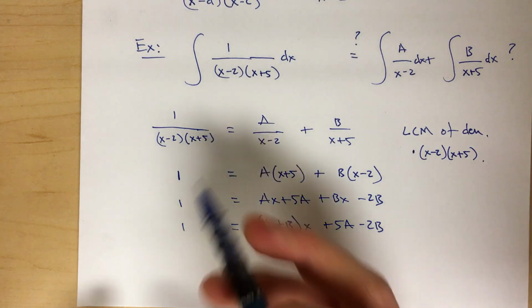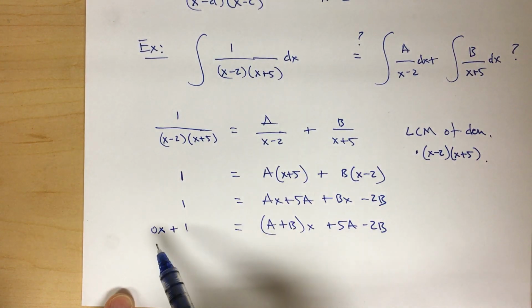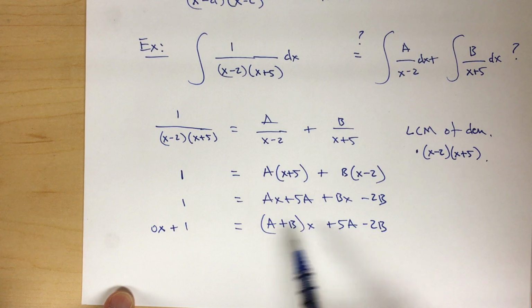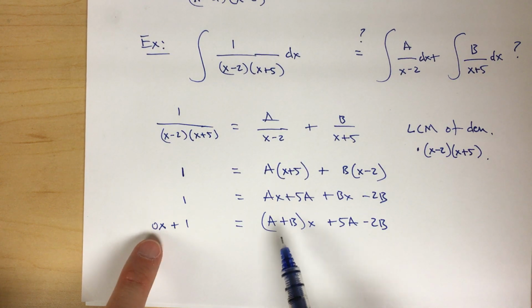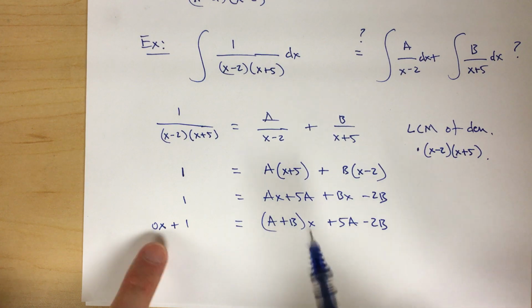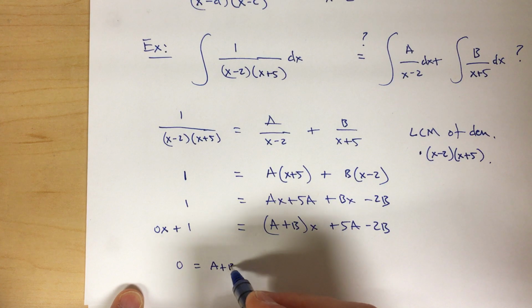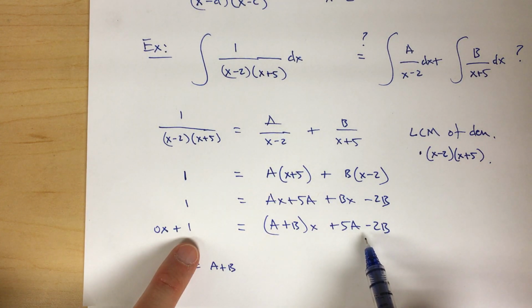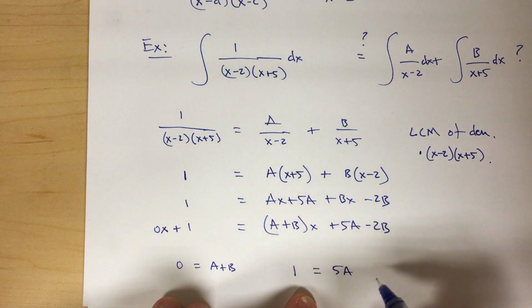What I know is that right here is a 0x. There's no x term over here. So if there is an x term over here, they're not equal. The only way they could be equal is if the coefficients of x are equal, which means that 0 has to equal a plus b. And if these are going to be equal, then the constants have to be equal. So that means that 1 has to be equal to 5a minus 2b.